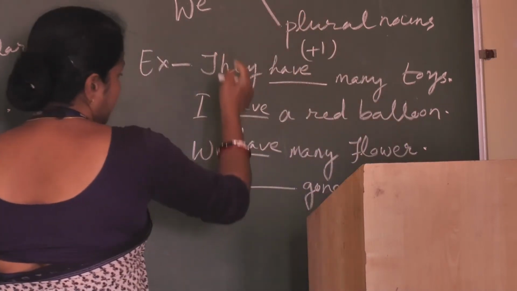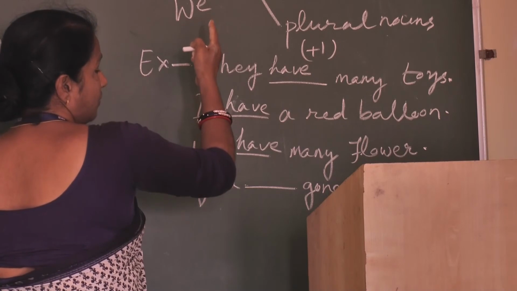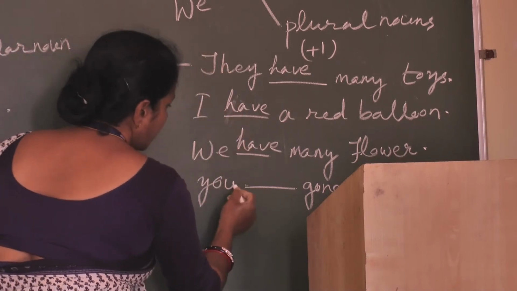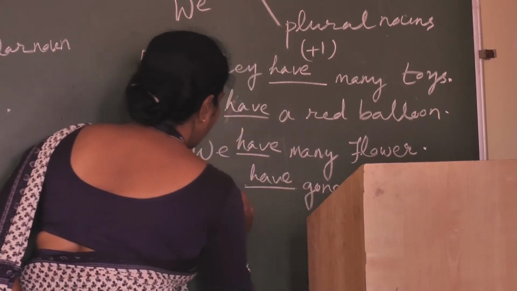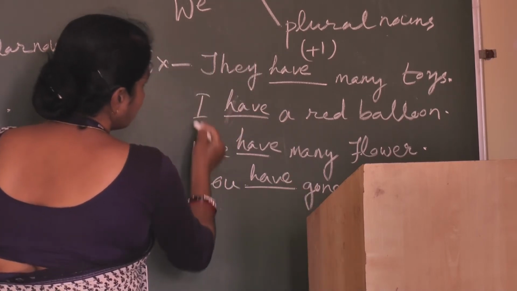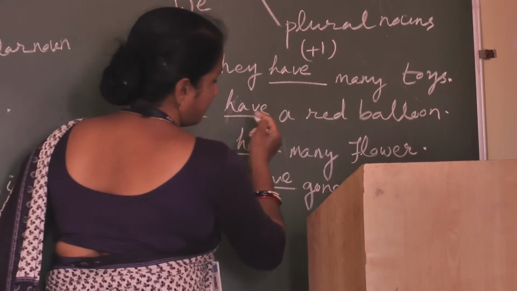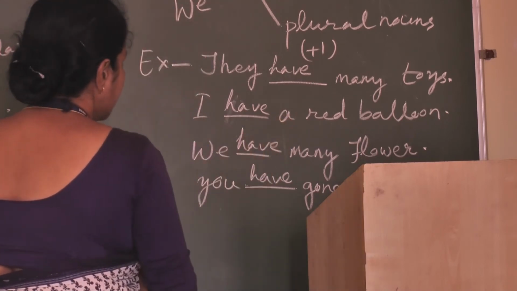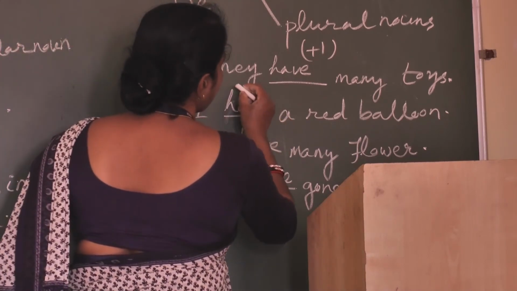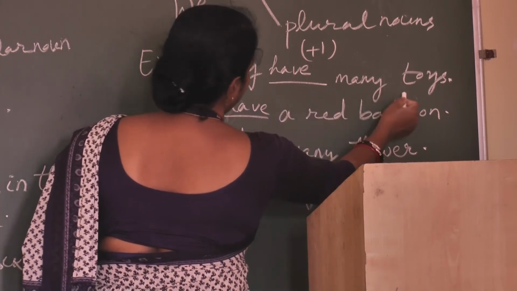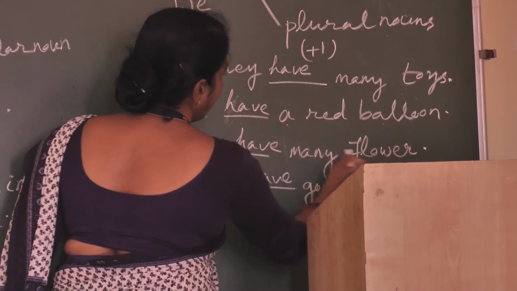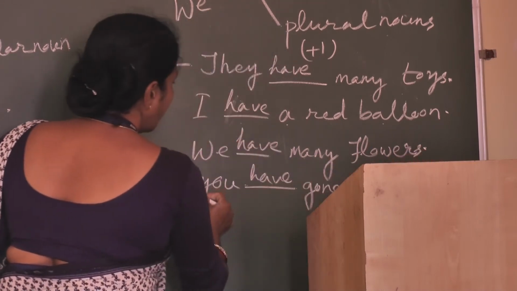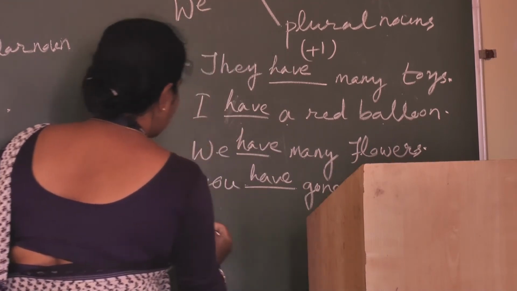See here we are using have for you. So, you have to write here have. Now, repeat again children, before filling in the sentences, you have to read these sentences again. They have many toys, I have a red balloon, we have many flowers, you have gone to the market.